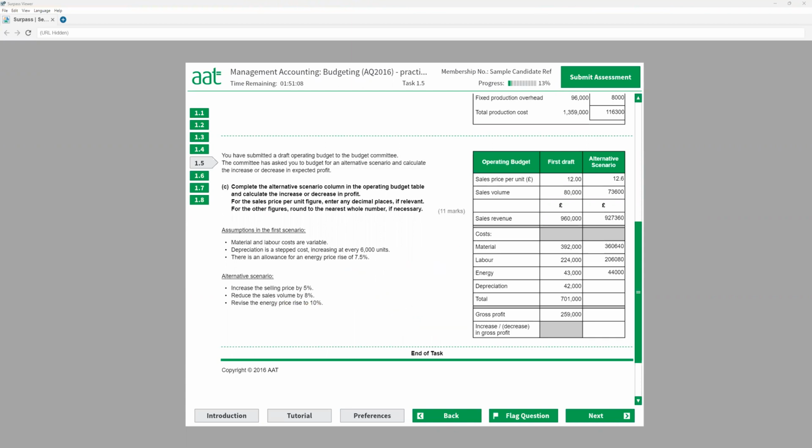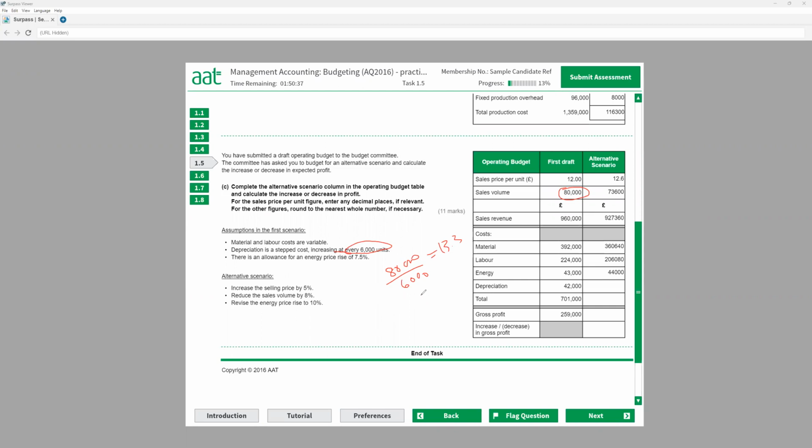Okay, the next one we have here, the step cost. There's a depreciation in the step cost and it increases at every 6,000 units. So let's have a look how many 6,000 we have in 80,000. So 80,000 divided by 6,000 is 13.3.